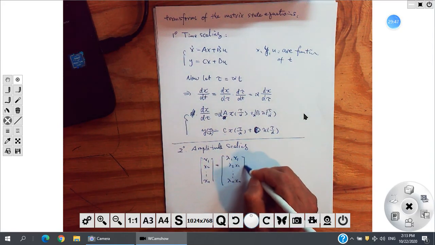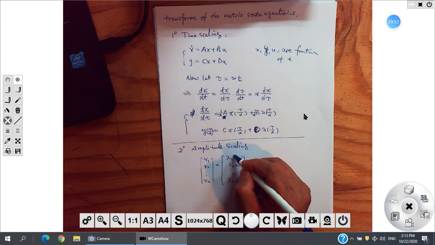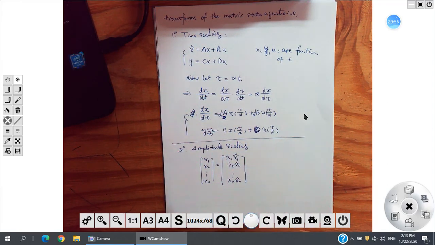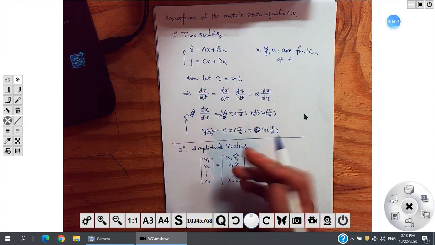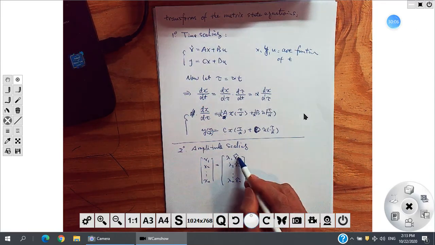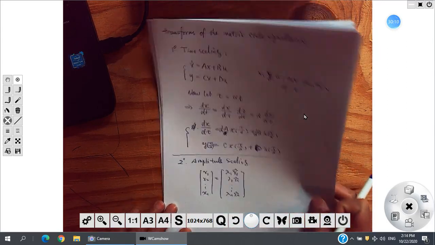We change x this way. These are some new x. I put a hat here: new variables x1 hat to xn hat, or maybe I can use z. Anyway, x hat. I replace x by this part, then the original system will change.